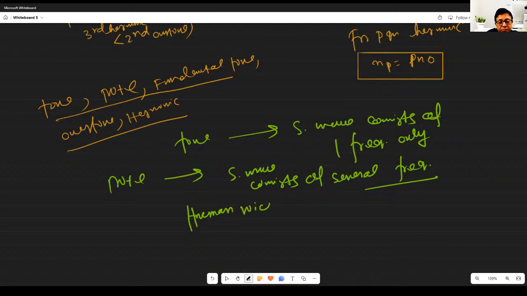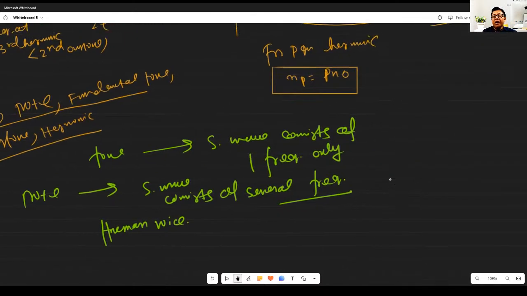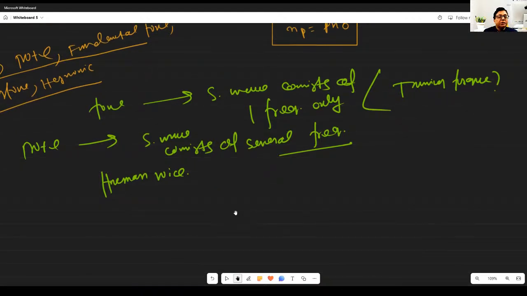So playing one key on the piano? On a piano many frequencies can be obtained. So if you only play one key, one key is one frequency. Here the best example is a tuning fork. Okay? Tuning fork, only one frequency.